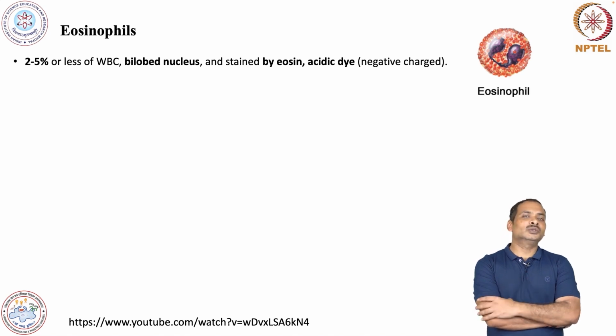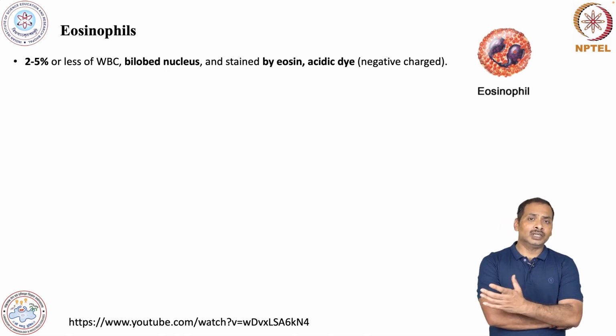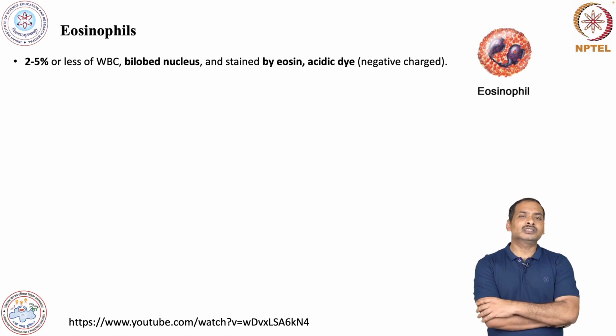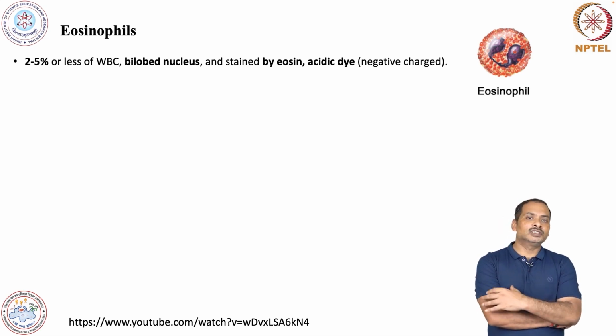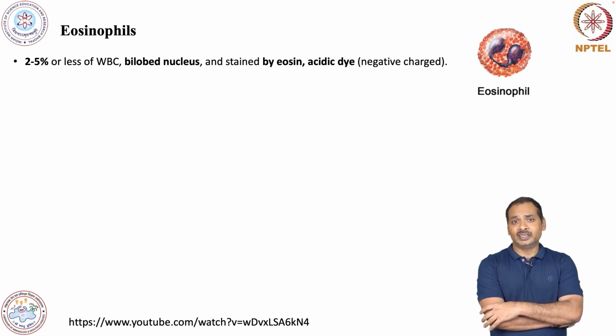In addition, you can stain them with acidic dyes such as eosin. That is why the name is eosinophils. They are named because they can be stained by eosin, which is an acidic dye.